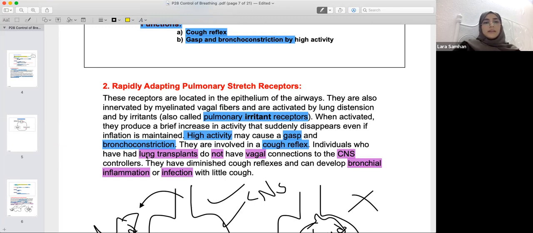For example, any patient who has a lung transplant won't really have a very strong response in regard to the rapidly adapting stretch receptor. Why? Because they won't have this vagal connection with the CNS, and this will unfortunately help in the accumulation of irritants, of abnormal materials, in the lung, which might cause infection and inflammation of the lung.